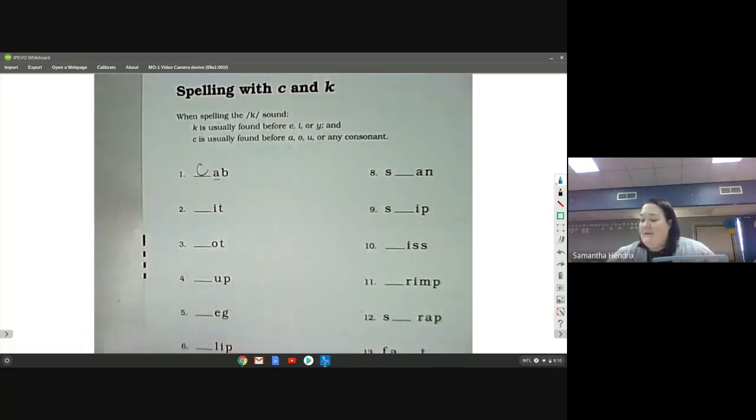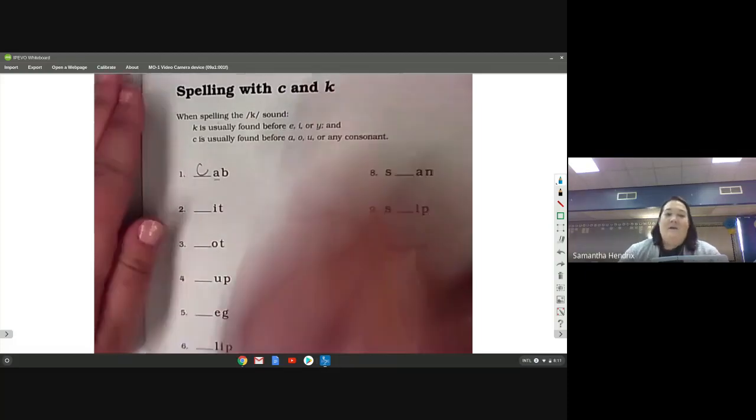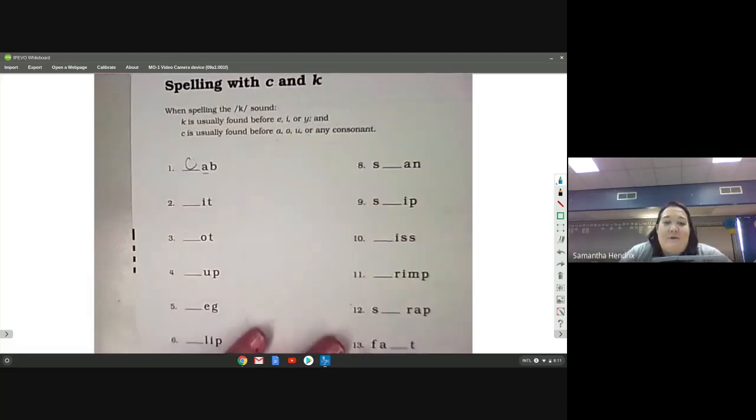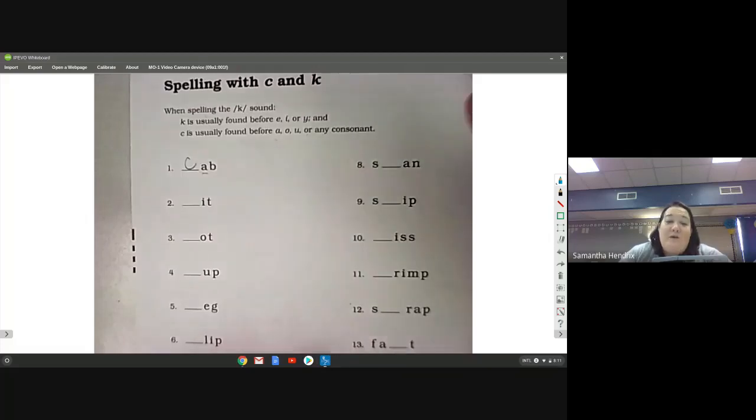Okay, now the thing is, we've got to do this, and you've got to code your words. Okay, we're going to do all our K sounds first. Now if you want to code as you go, you can, or you can do all your K sounds and then come back and code.